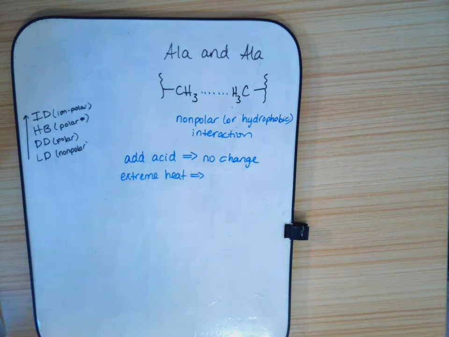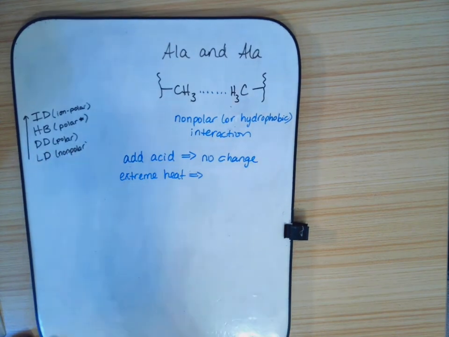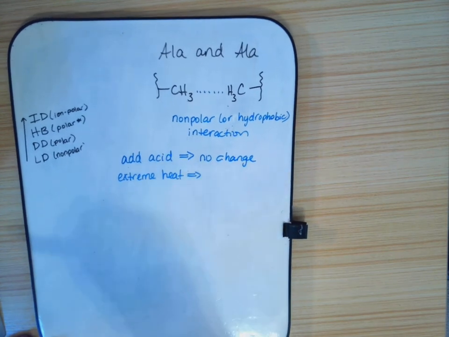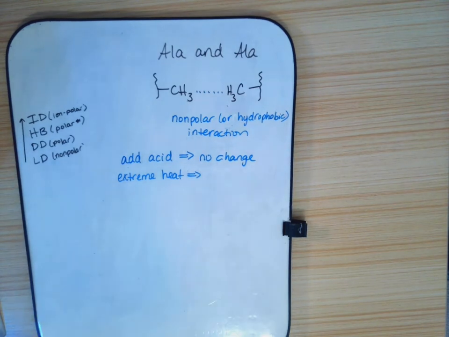So if you add extreme heat, that heat gives enough energy to break certain intermolecular forces. It would definitely disturb your London dispersion forces. However, depending on the heat, and since I said extreme, that is also going to be enough heat to disrupt hydrogen bonds. So we would see a change.